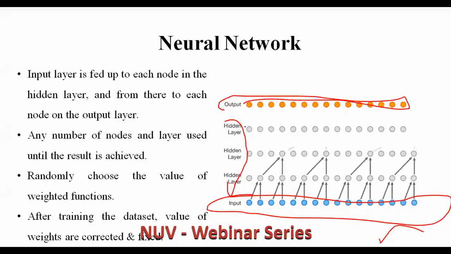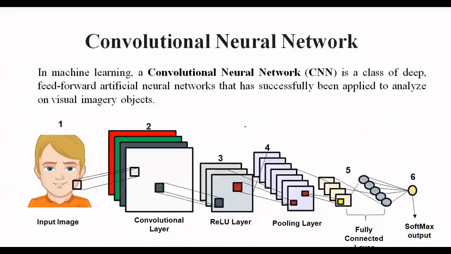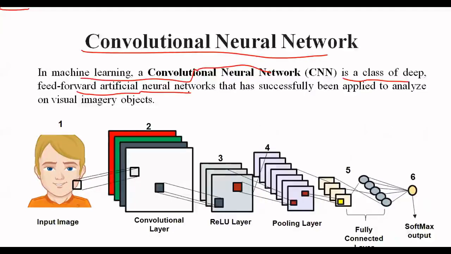So there is one more technical term which is more used in machine learning, which is known as a convolutional neural network, or a CNN. In machine learning, a convolutional neural network is a class of deep feed-forward artificial neural network that has successfully been applied to analyze visual imagery. Most image, speech, or video is processed using this convolutional neural network.